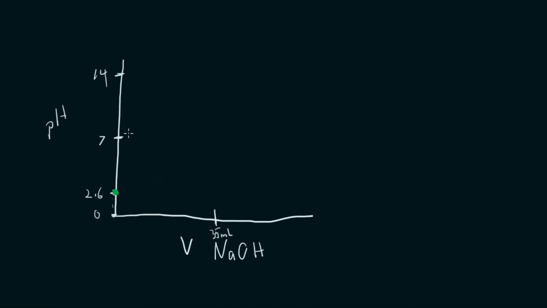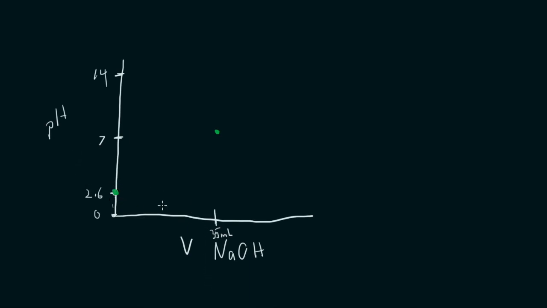And then when do we get to a pH of 7? Well, we get there when we get to 35 milliliters. Now, a titration curve has a very specific shape. And we could go through the neutralization calculations, but if I just add 1 milliliter of NaOH, I'm hardly going to use up any of that HCl.